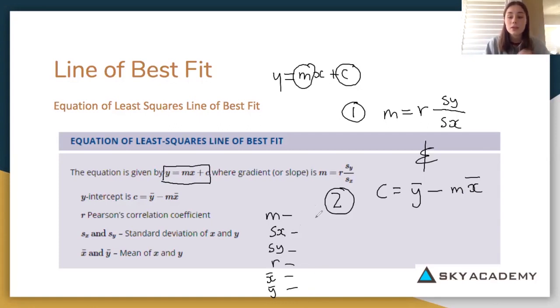And once I've found what each of these equal, then I'll sub them into the first equation. Then I will do the second equation. And then once I have found what my c and my m equal, I can then put them into this equation up the top to get the equation of the line of best fit for the least squares line.